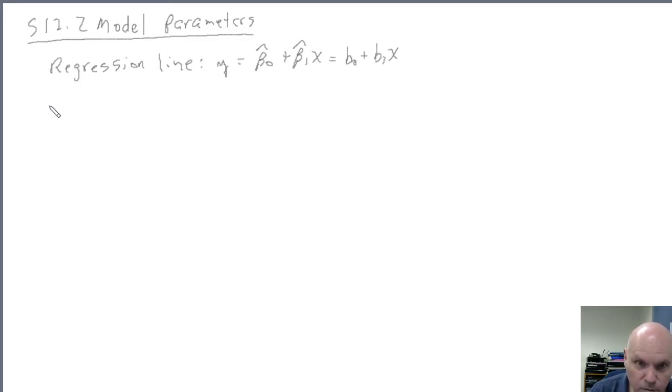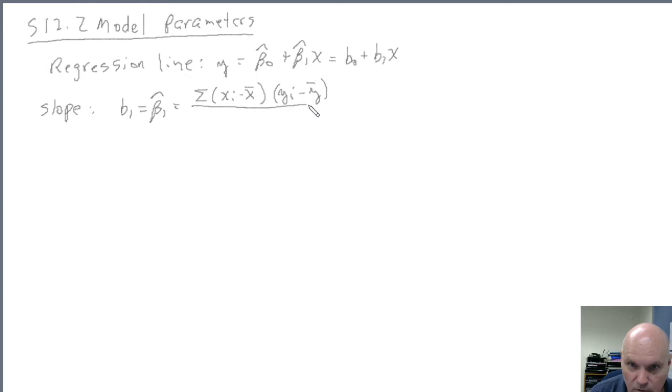Again, you'll find these formulas in the textbook, but the formula for the slope, beta 1 hat, is the sum of xi minus the mean of the x values, multiplied by yi minus the mean of the y, so the sum of those cross products, divided by the sum of the squares of the xi values minus the mean values.